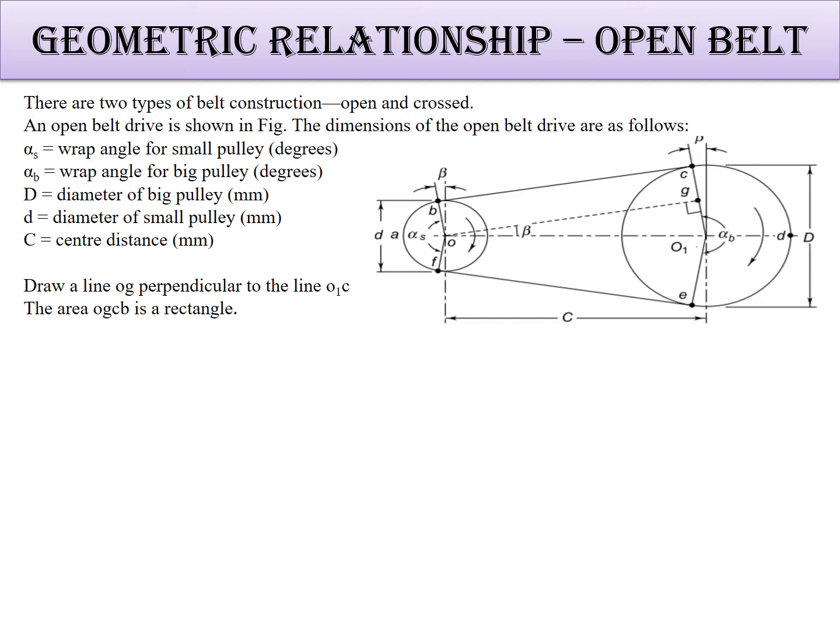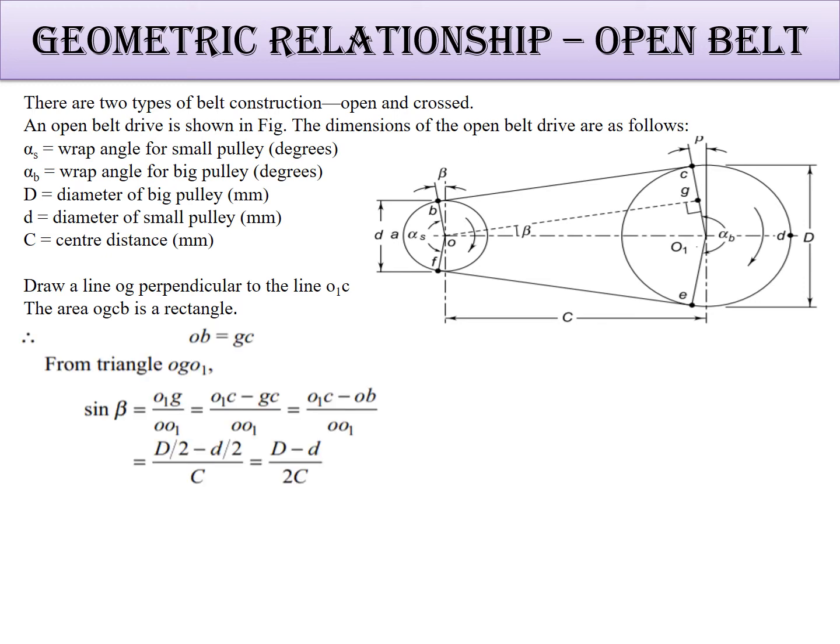Now the area OGCB is a pure rectangle. In this case OB is equal to CG, and OG is equal to BC.